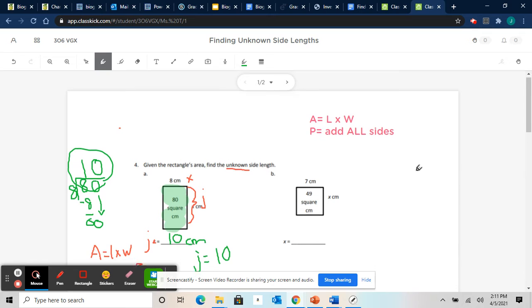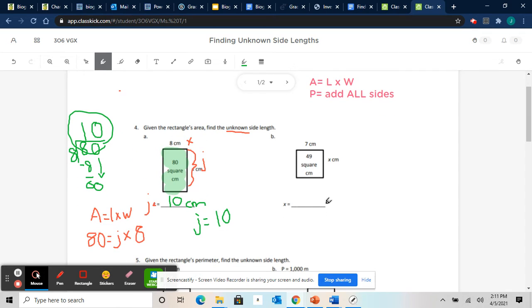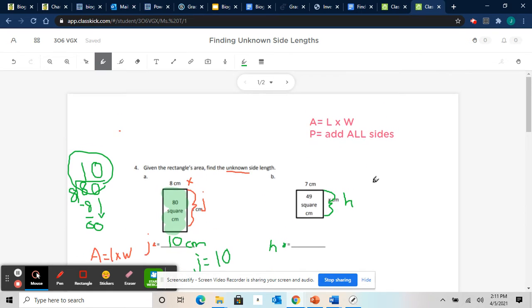All right, let's look at the next one. So again, I have a square here, right? And it says 7 centimeters. And then I have an unknown side of X centimeters. Again, I don't like using the X. I'm going to just change that. Let's do H. So I'm looking for H centimeters.